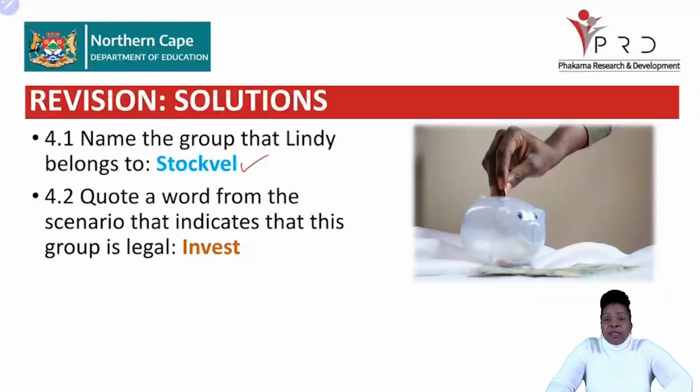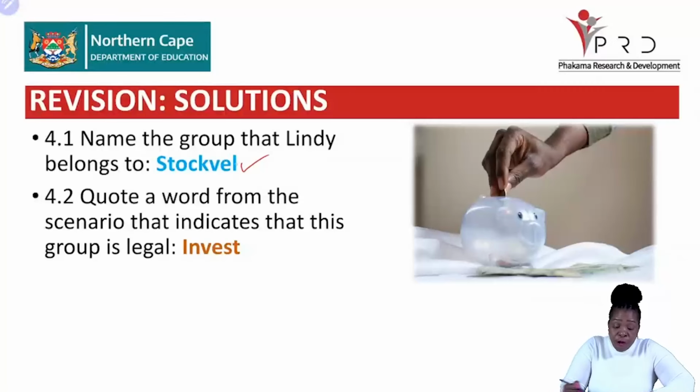We said they sometimes contribute money that they share at the end of the year. Sometimes they contribute money towards buying groceries. They keep buying groceries, and then at the end of the year, come December time, they share those groceries. So that group is called a stokvel. And we said a stokvel is legal in South Africa. It is allowed to run a stokvel.